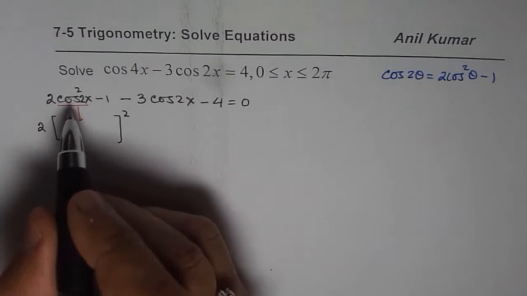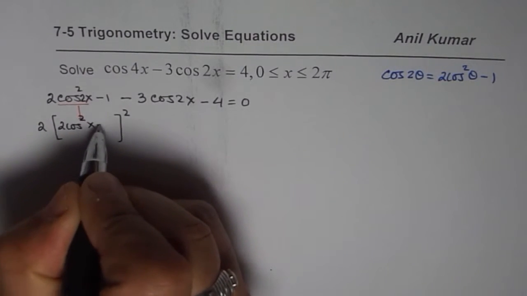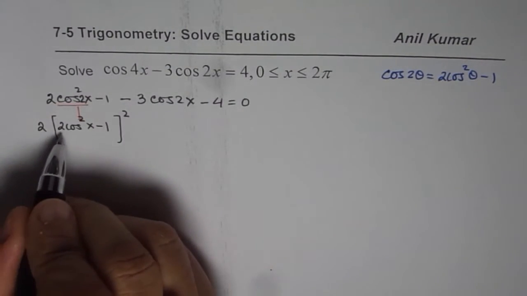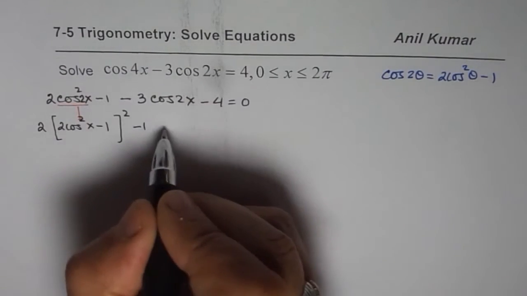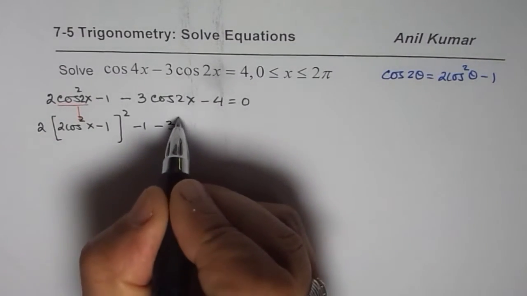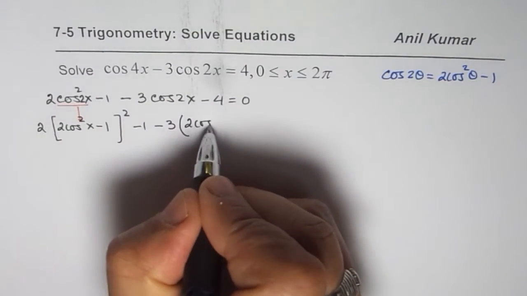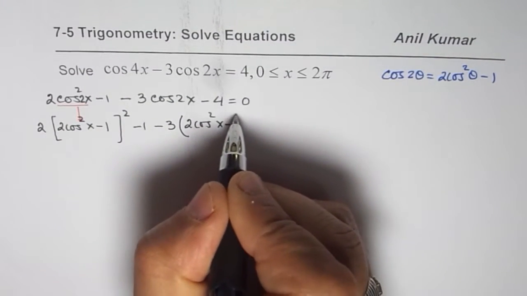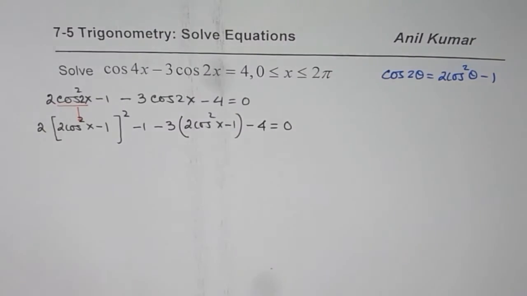So cos 2x will be 2 cos square x minus 1. You get the idea, right? So 2 times (2 cos square x minus 1) squared minus 1. Then we have minus 3, and I'll write cos 2x also as 2 cos square x minus 1. And then we have minus 4 equals 0.